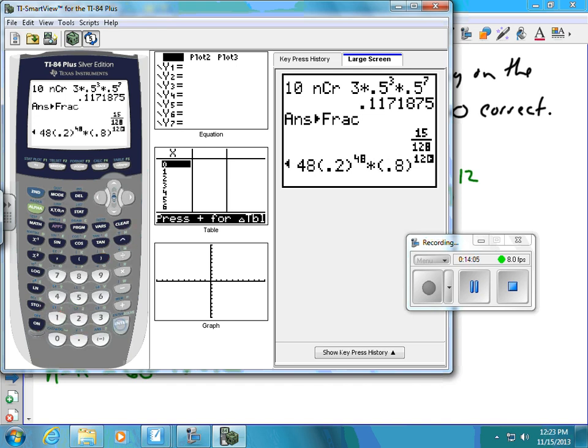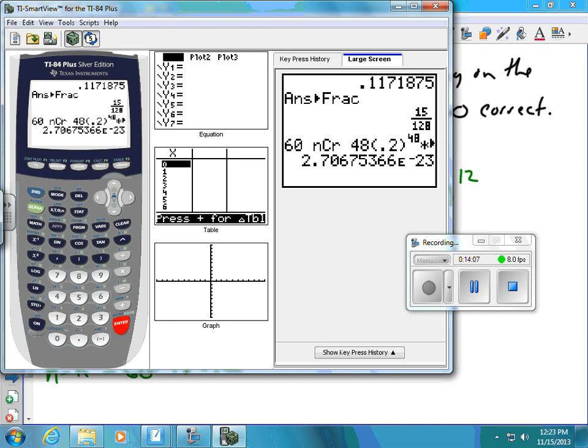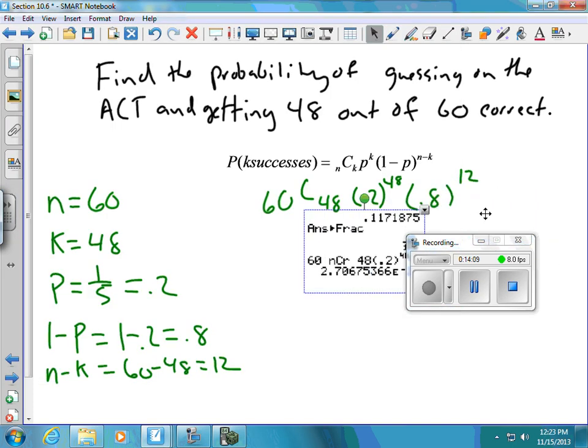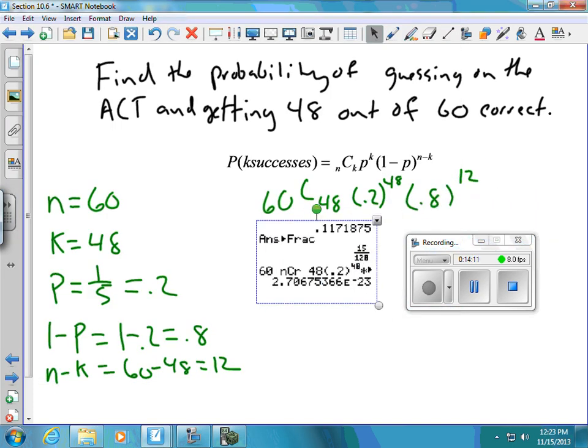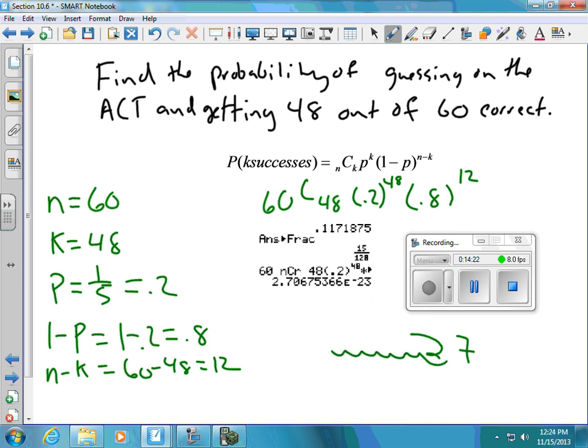Get an answer. So, here it is. 0.27 times 10 to the negative 23rd, remember that scientific notation. So we take that decimal point and move it 1, 2, 3, 4, 5, 6, 7, 8, 9, 10, 11, 12, 13, 14, 15, 16. Well, you get my point.